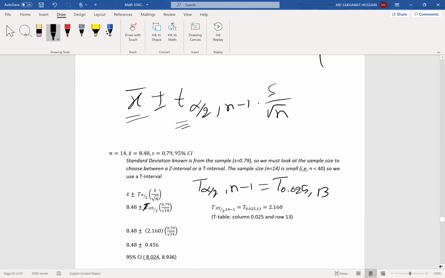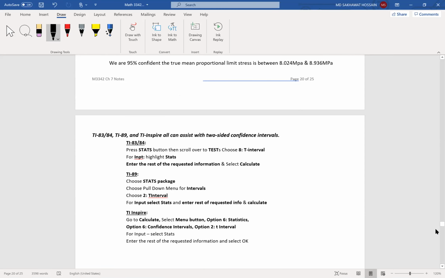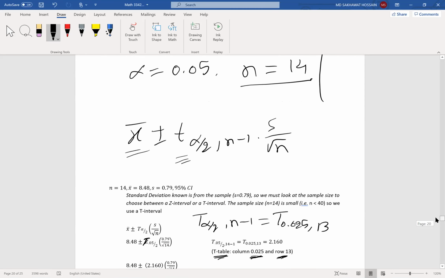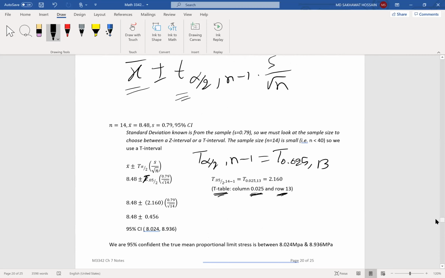Now look at the T table. The area is 0.025, and in the row you will be given the degrees of freedom. You have to use these two values to find the value from the T table. It is better to use the calculator to find the critical value.